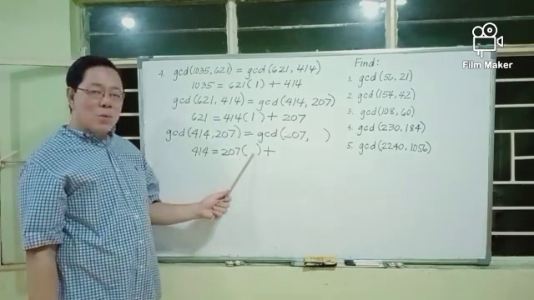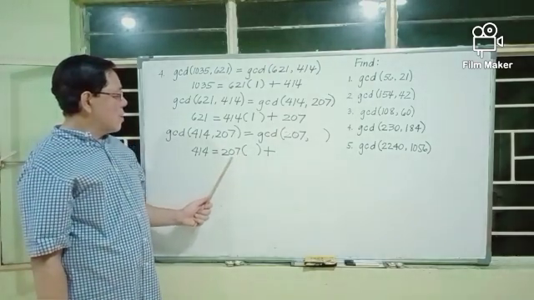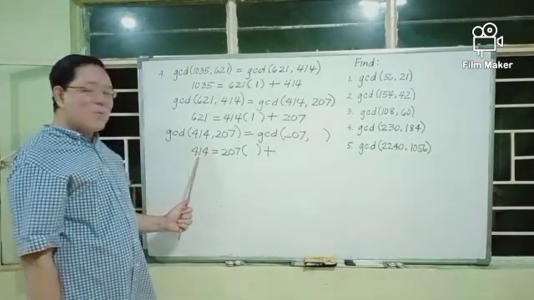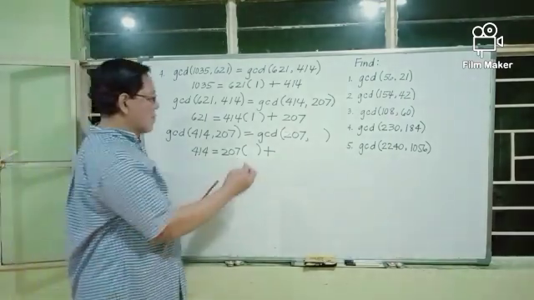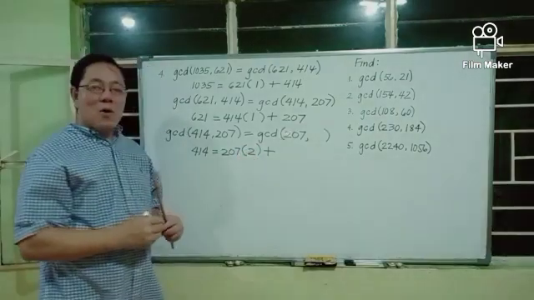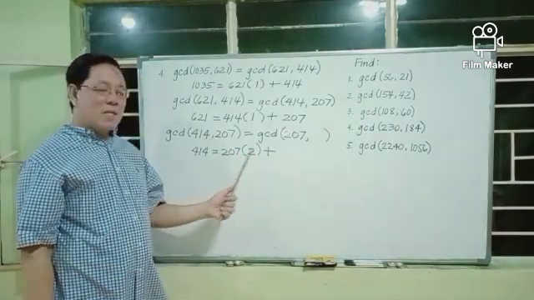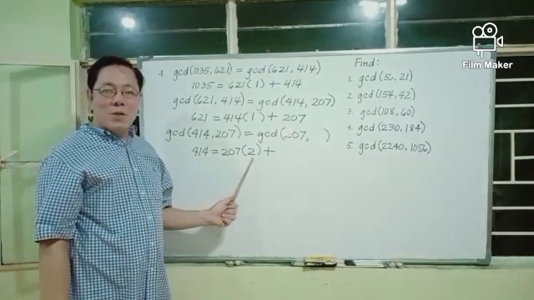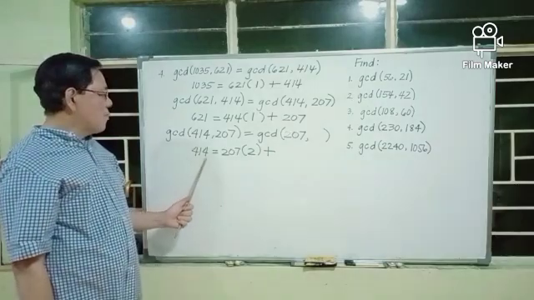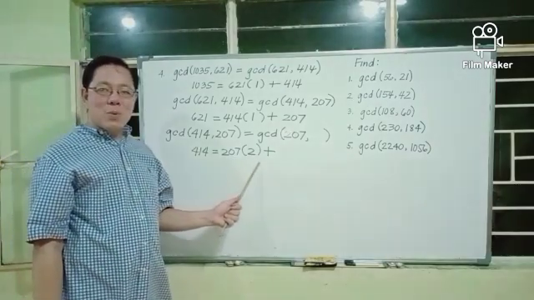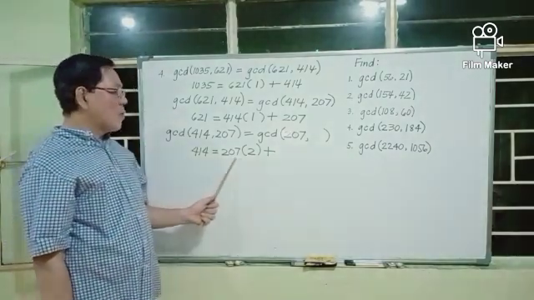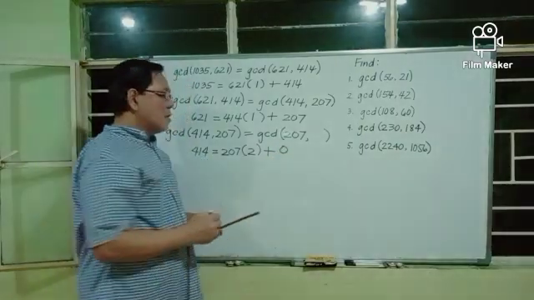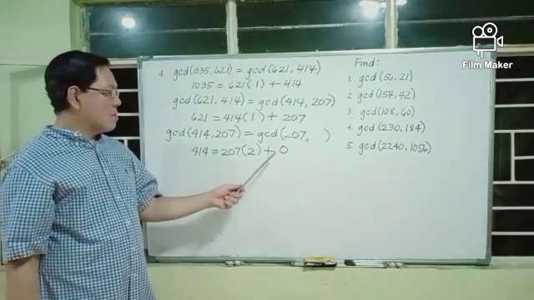Suppose we try 2. 207 multiplied by 2 is 414, and it's exactly equal to 414. And the constant to be added here is the difference between 414 and the product of 207 and 2. We have 414 minus 207 times 2, or 414 minus 414, is 0. Therefore, the remainder R is 0.